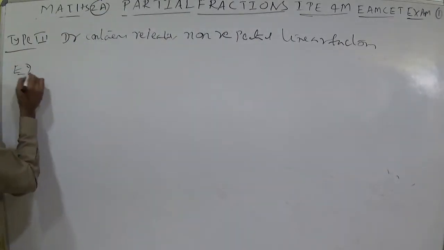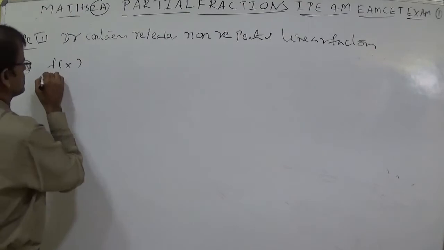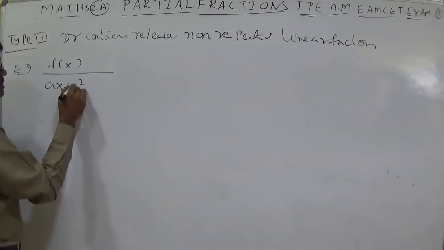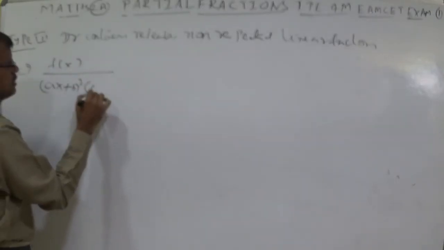Example, I am writing: f of x by (ax plus b) whole square into simply (cx plus d).